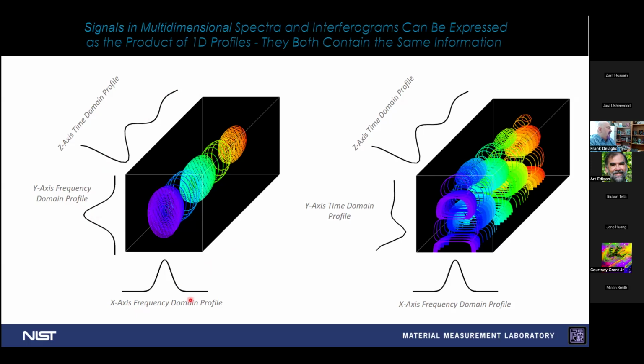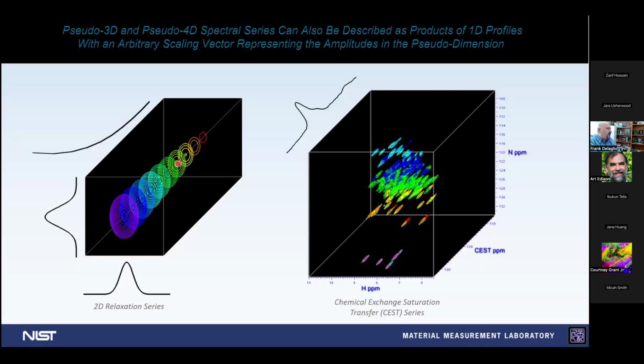If the first 2 dimensions are already transformed, we have a 1D line shape, a 1D line shape, and a 1D sinusoid. Or if only 1 dimension is Fourier transformed, we have a 1D line shape, a 1D sinusoid, and a 1D sinusoid. Exactly the same information in both of these cases.